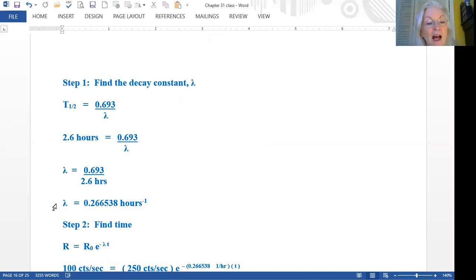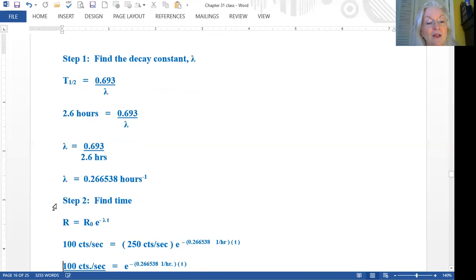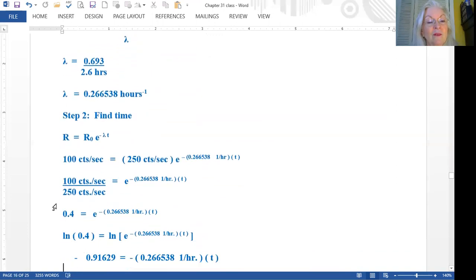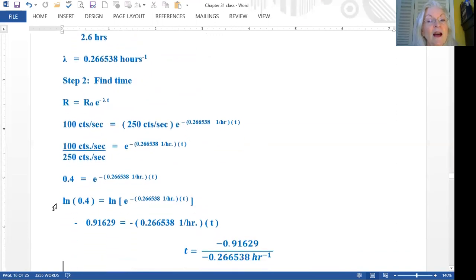To find the time, we use our second equation: R equals R sub 0, e to the minus lambda t. R is the activity at the time that you're talking about, so 100 counts per second. R0 was the starting activity, 250 counts per second.